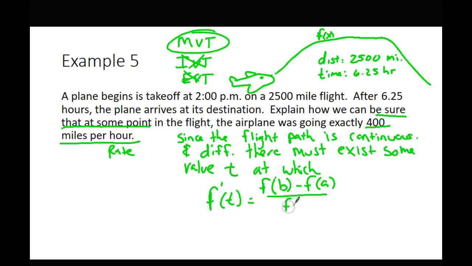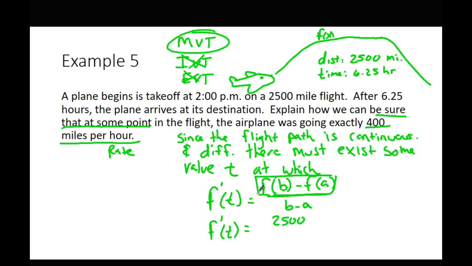Now, what is the average rate of change? Well, we know the total distance. It went a total distance of 2,500 miles. That's the difference in the y values.